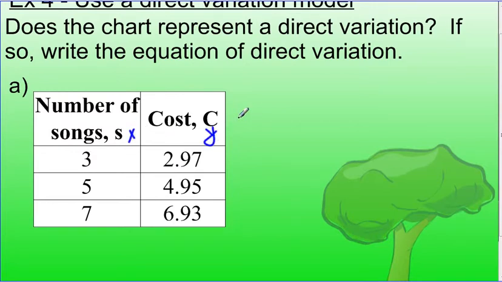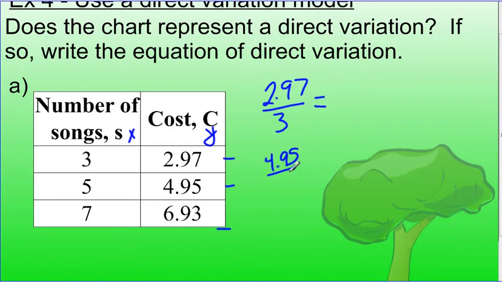In each case, we actually need to check all of these. Is the change in y over the change in x? The change in y over the change in x. Y over x.